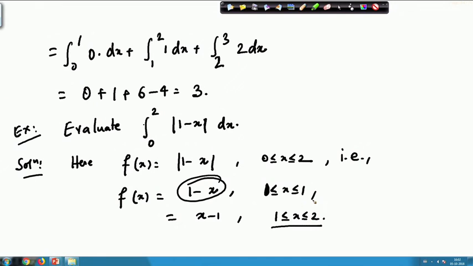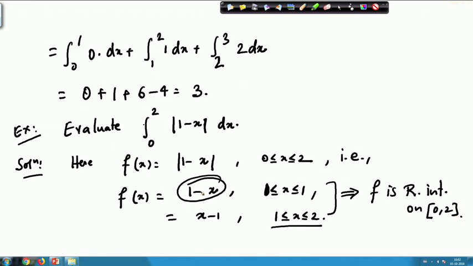So since the function is continuous between 0 to 2, it is obviously Riemann integrable on 0 to 2.